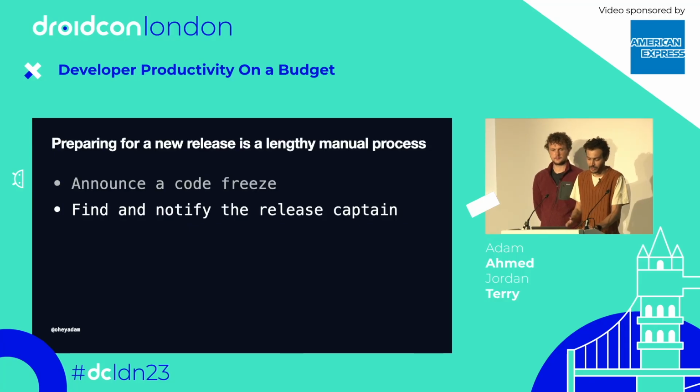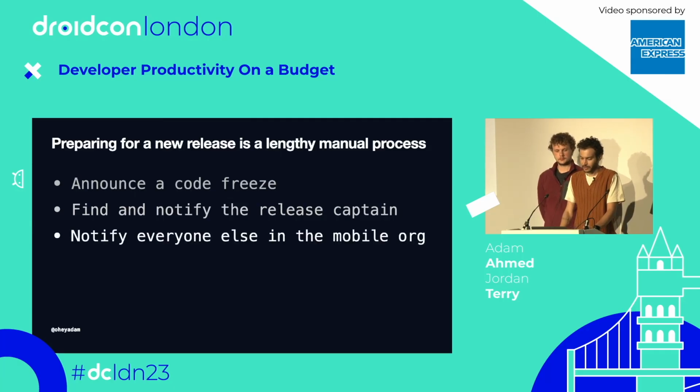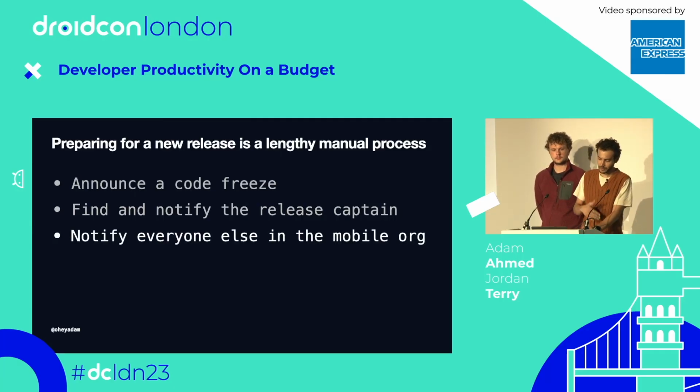You probably have a rotation somewhere, and you have to find the next person and let them know if they have forgotten. You need to notify the entire mobile org, at least in our case, because we need to tell the translation team to get release notes ready. We need to let them know we're about to release so they can finalize all our translations.